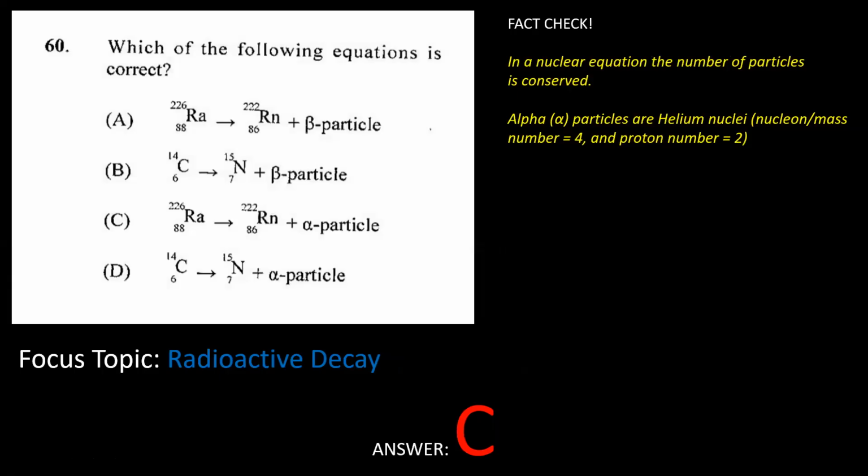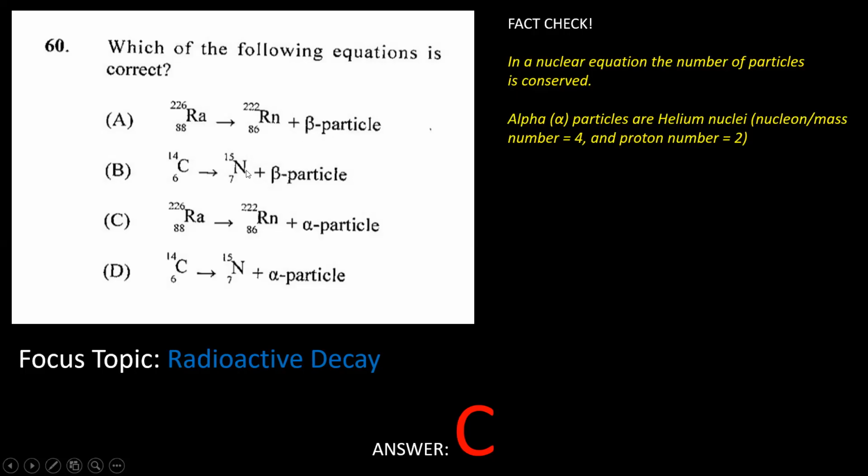Last question. Which of the following equations is correct? Now, for a nuclear equation, we know that the number of particles is conserved, and therefore, if we have 226 here and a beta particle there, that means this is not correct.